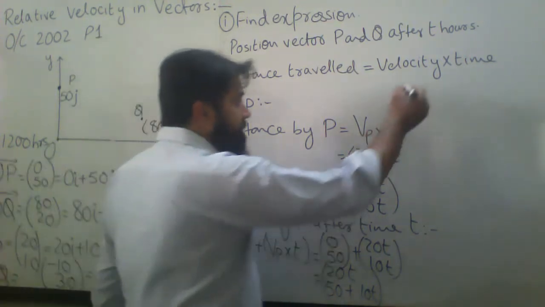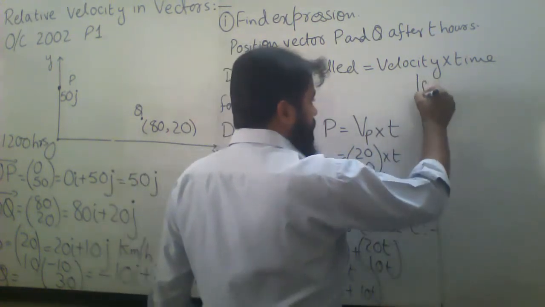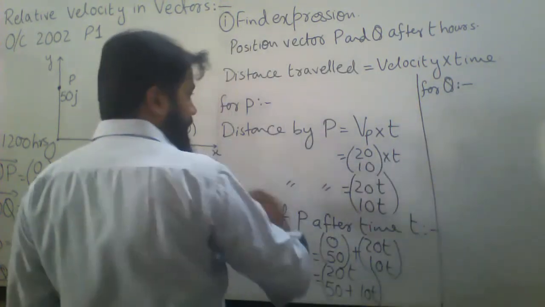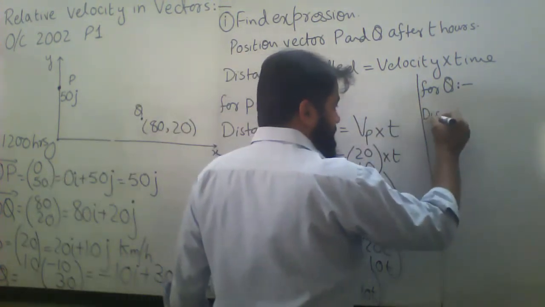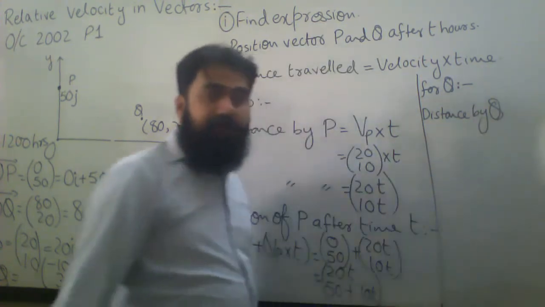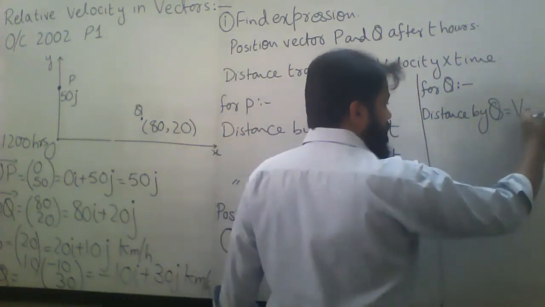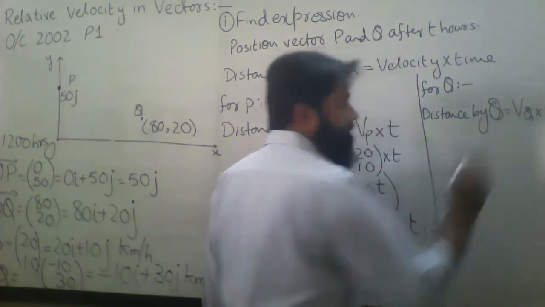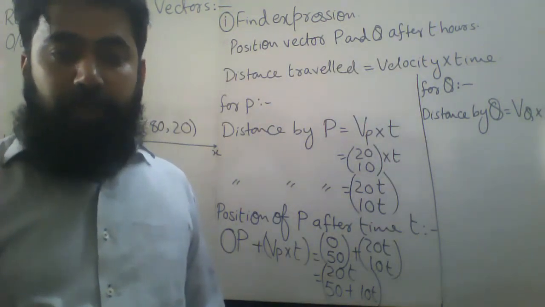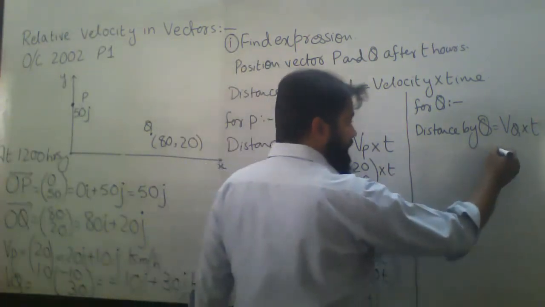Now the same thing I'm going to do for Q. For Q, we again have the distance by Q. When I go for distance by Q, I will do VQ into T. What was my VQ given?